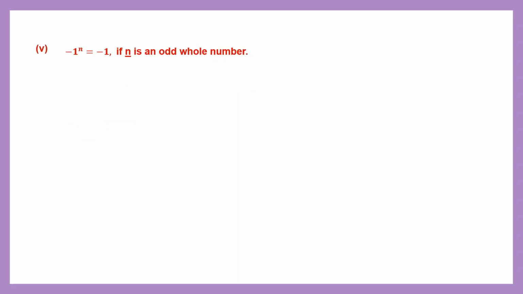Question 5. Here, minus 1 raised to the power of n is equal to minus 1 if n is an odd whole number. So wherever we have n, we'll put an odd whole number and see whether this statement is true. So minus 1 we have here raised to the power of an odd whole number, say 3. 3 is an odd whole number. Now let's work this out and see. So minus 1 into minus 1 into minus 1.